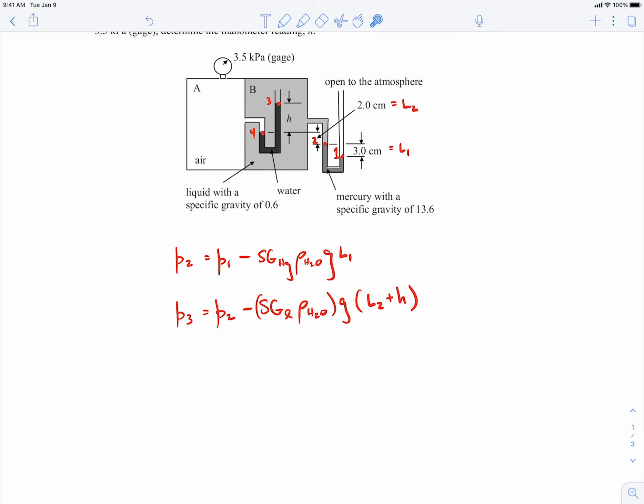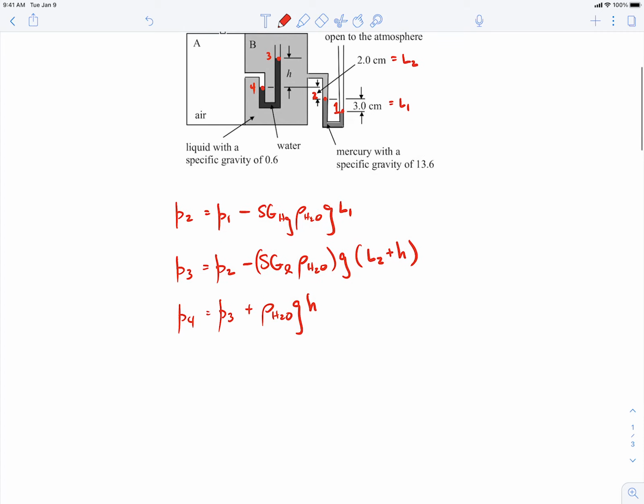Now to find the pressure at 4, I'm going to start at the pressure at 3 and then add in the weight of this water over that distance h. So P4 will be P3 plus, now I'm moving just in water, and I'm moving a distance of h there. So I can then combine these together. I can take this P2, plug it into there, and then take that P3 and plug it into there, and combine everything together. Let me go ahead and do that.